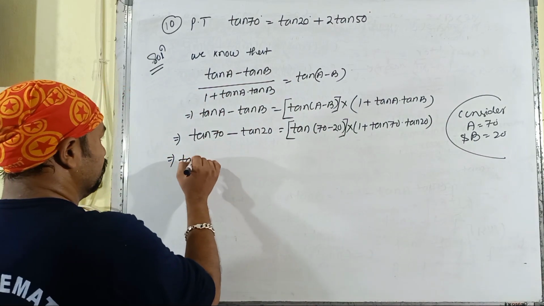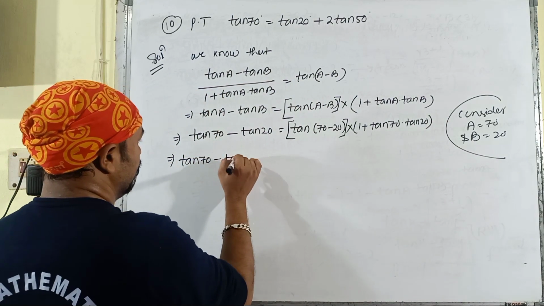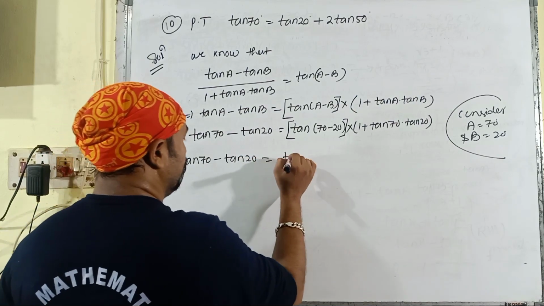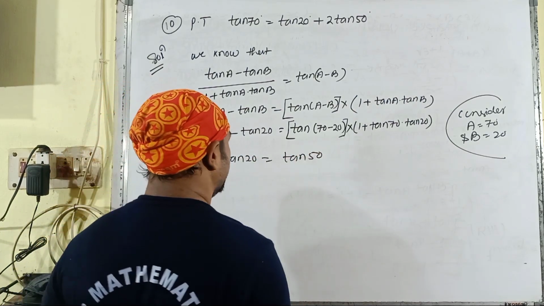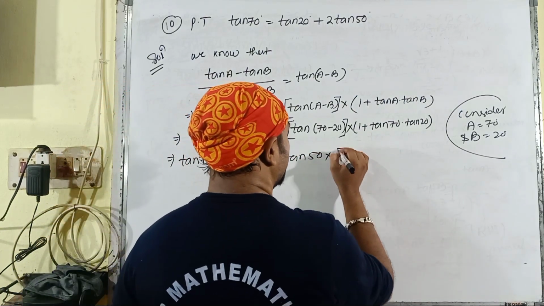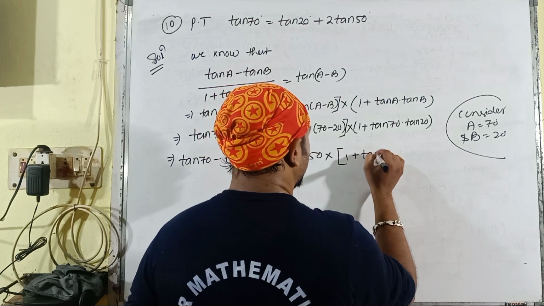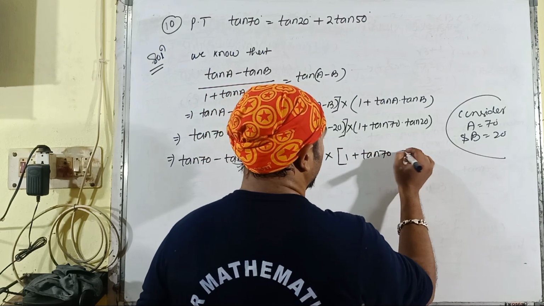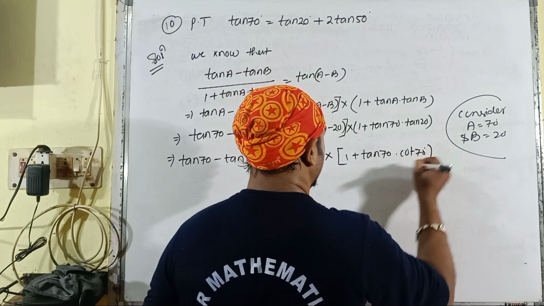Then it is tan 70 minus tan 20 is equal to tan 50 multiplied with 1 plus tan 70 into cot 70.